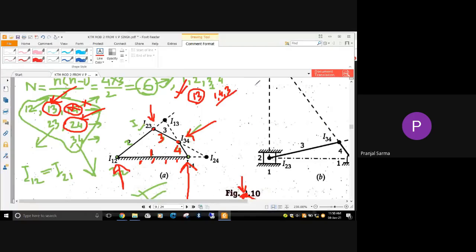Because 3 into (3 minus 1), that is 2, so 3 into 2 divided by 2 will give you 3 instantaneous centers between these three links. What are they? Who will tell me the names?